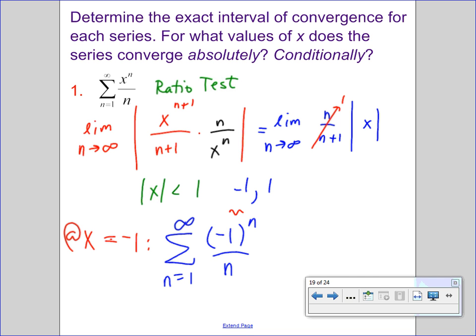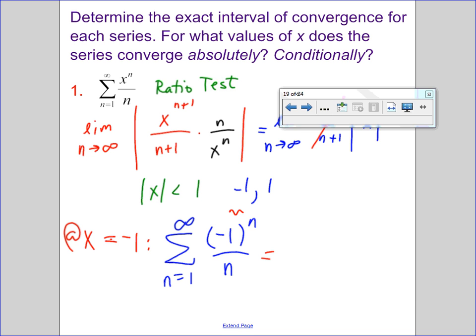And negative 1 to the n gives me the alternating sign, doesn't it? And so my first term would be negative 1 plus 1/2, yes? Minus 1/3 plus dot dot dot. And so here's the opposite of the alternating harmonic series.